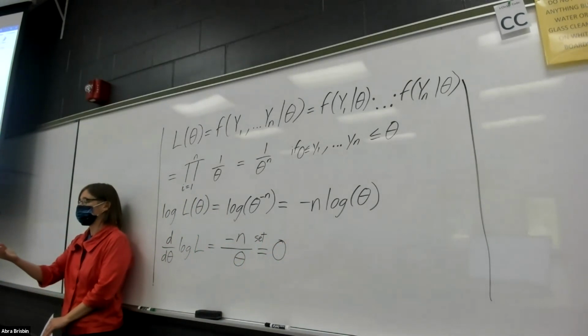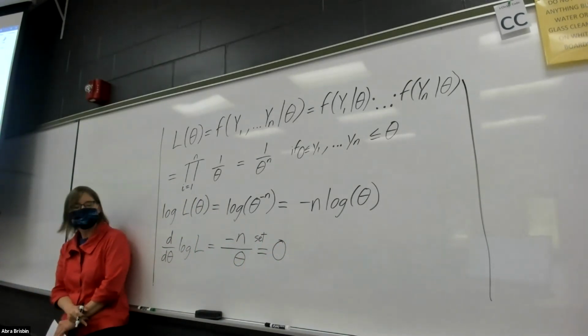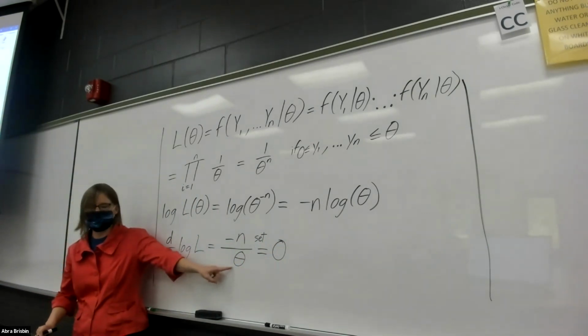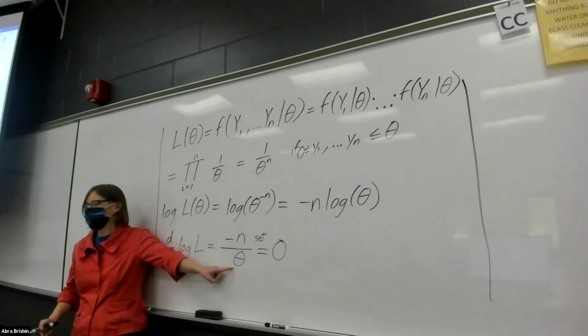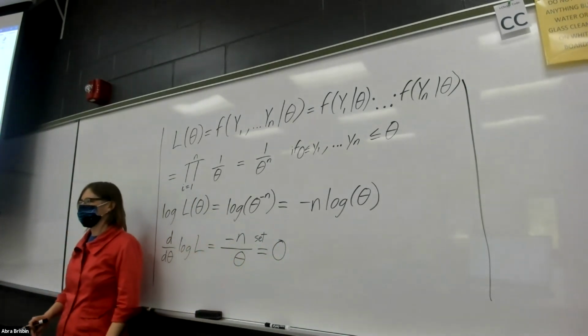All right, so now as Sam said, we want to solve for theta to find the critical points. What's the problem here? Okay. As soon as you multiply by theta, you get n over 0. Right. So there is no value of theta for which negative n over theta equals 0.